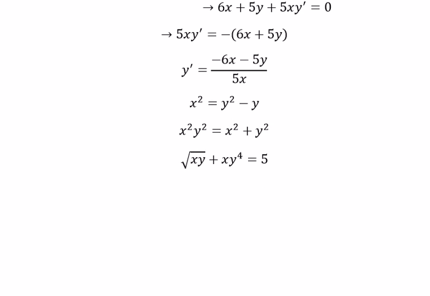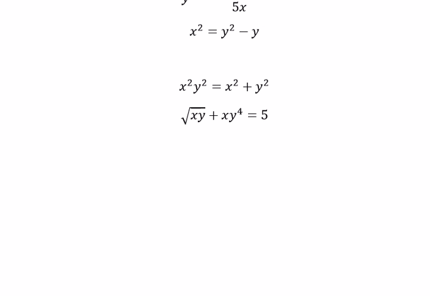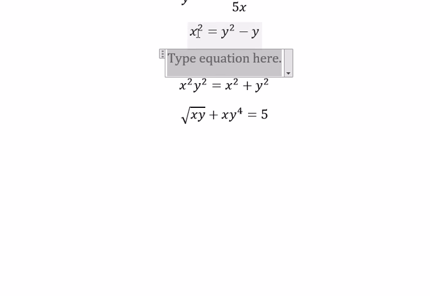Now let's go to the second one. If we take the first derivative of x squared, you get 2x. For this one, if we take the first derivative of y squared, you get 2y times the derivative of y, and we have the first derivative of y.